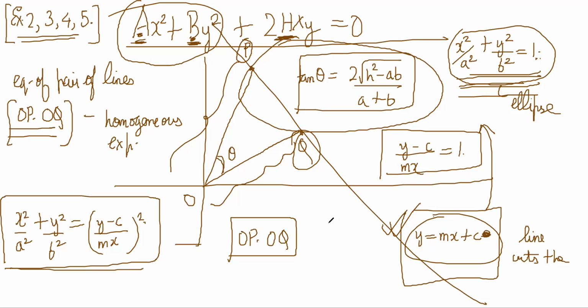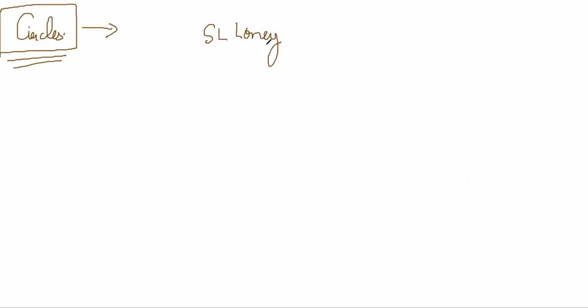What we will do next class onwards is circles. You can continue practicing straight lines, but there is nothing more theoretical. So we'll go ahead. Circles chapter will start, and in that we'll do SL Loni. So on SL Loni we'll start doing from there.